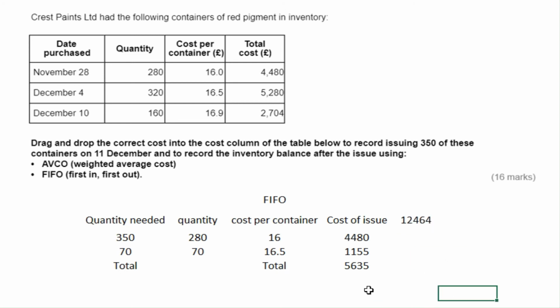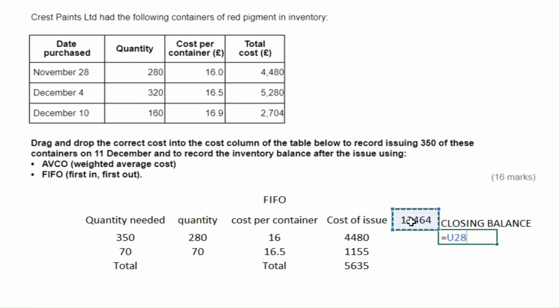So to find the closing balance, all we have to do is get the total cost and minus away the cost of the issue, and we end up with 6829.